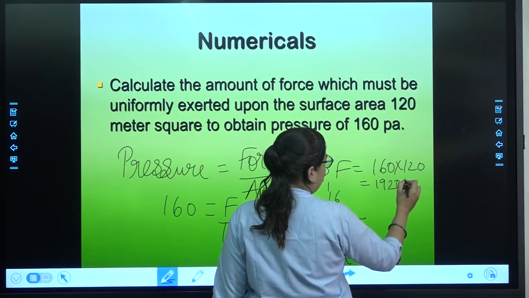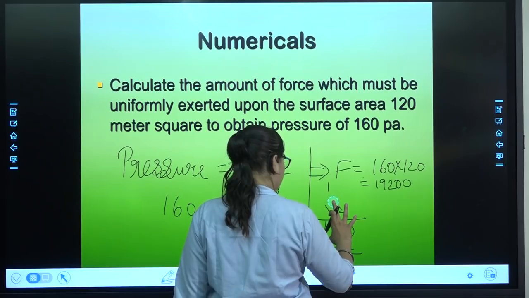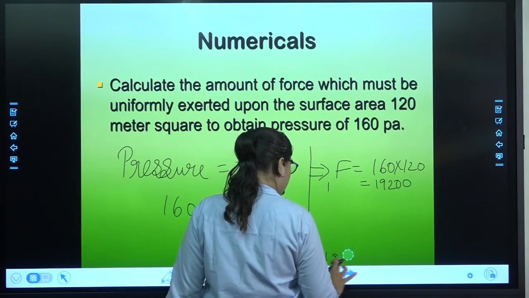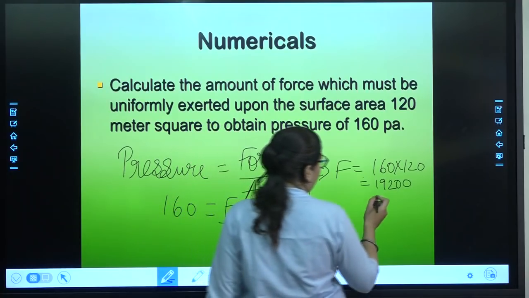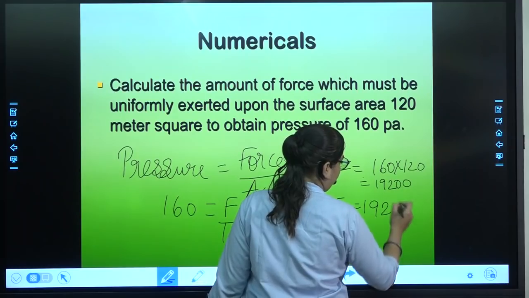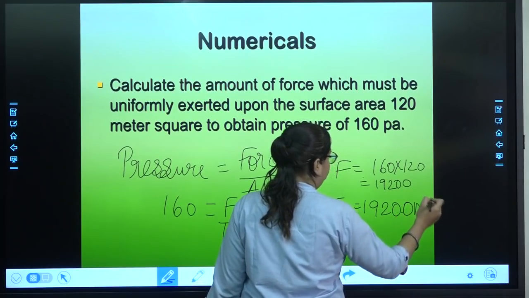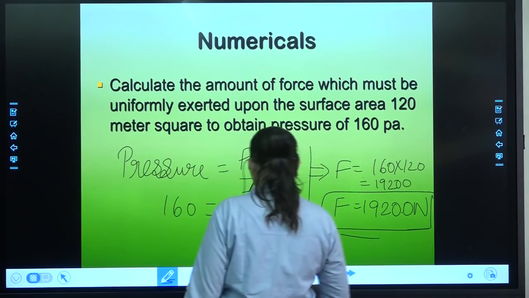And after that, how many zeros? 2 zeros. So this is about the force, 19200 Newton. Easy numerical, all right. Note it down.